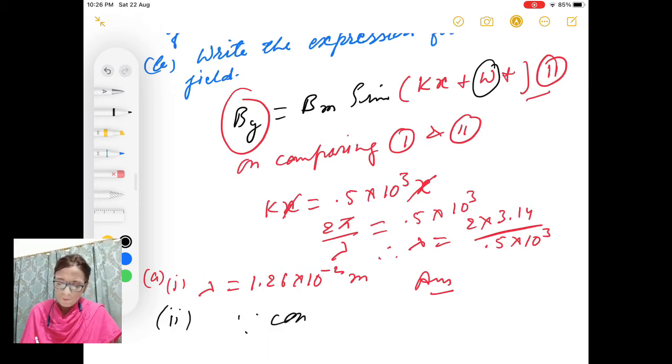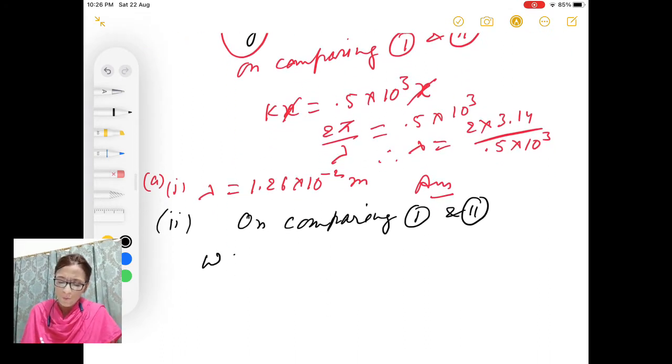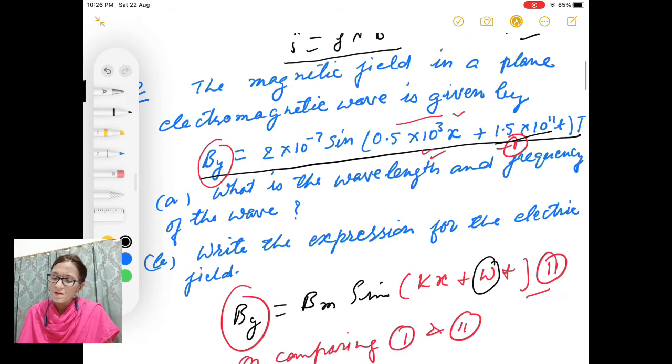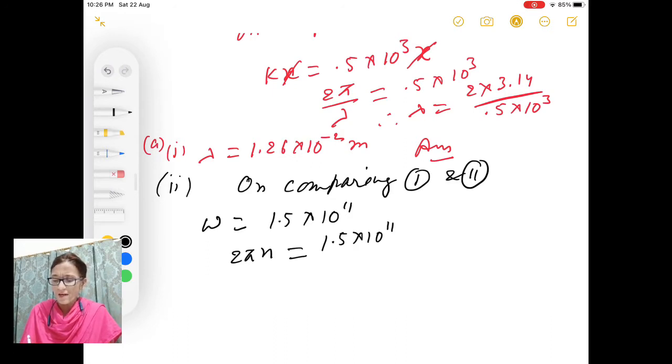On comparing 1 and 2, angular velocity omega is equal to just the prefix of t, which is written as 1.5 into 10 to the power 11. And we know that angular frequency is 2 pi n, equal to 1.5 into 10 to the power 11.